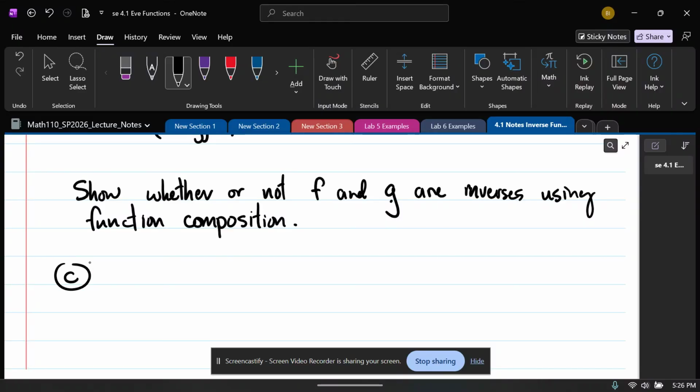This will be example C. Here's our f of x function, 8x plus 5. Here's our g of x function, x minus 5 divided by 8.